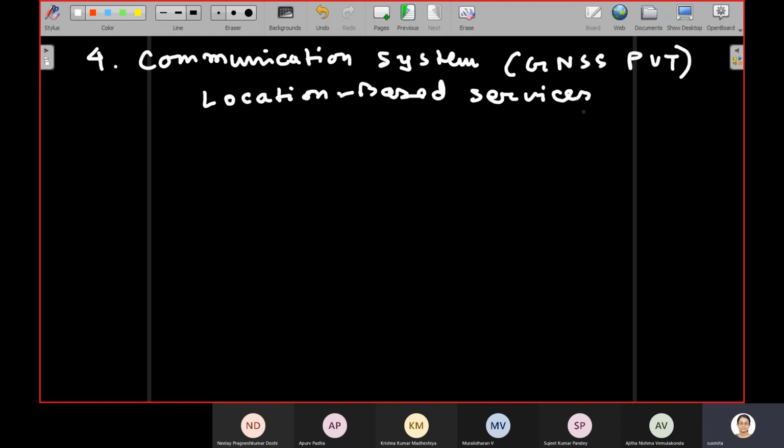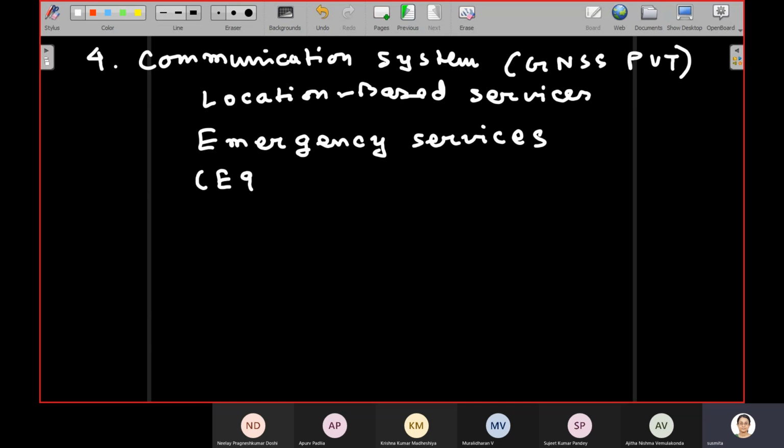Okay. Then emergency services are possible with the help of GNSS. In the US, this is called E911. In Europe, it is E112. And I think in India, we have an emergency helpline number 110 or something, most probably.